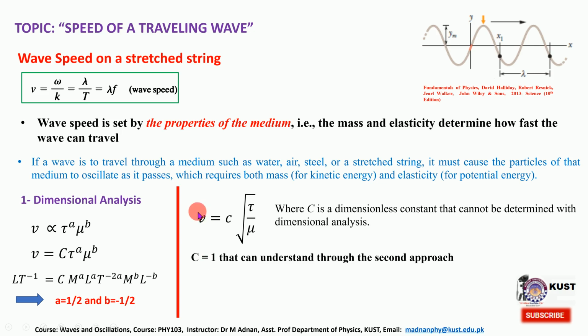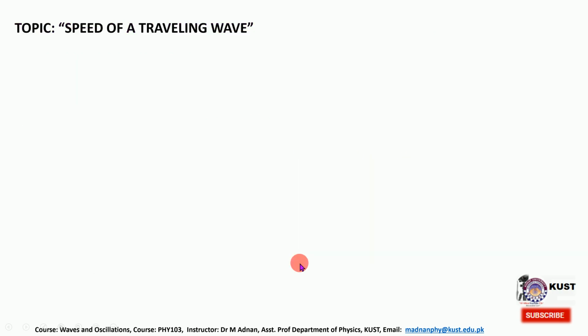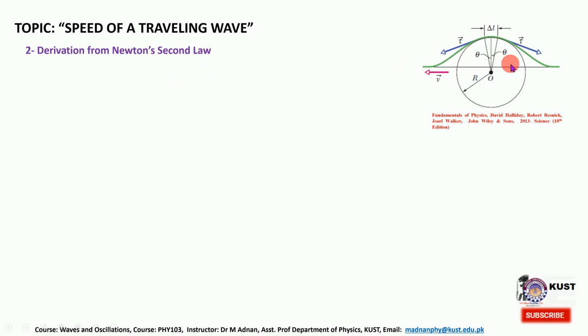So the speed of a wave through a stretched string is proportional to the tension, and to the inertial factor, so the speed of a traveling wave is determined by the medium properties, as we have discussed. Now the second approach is to use Newton's second law, or Newtonian mechanics.